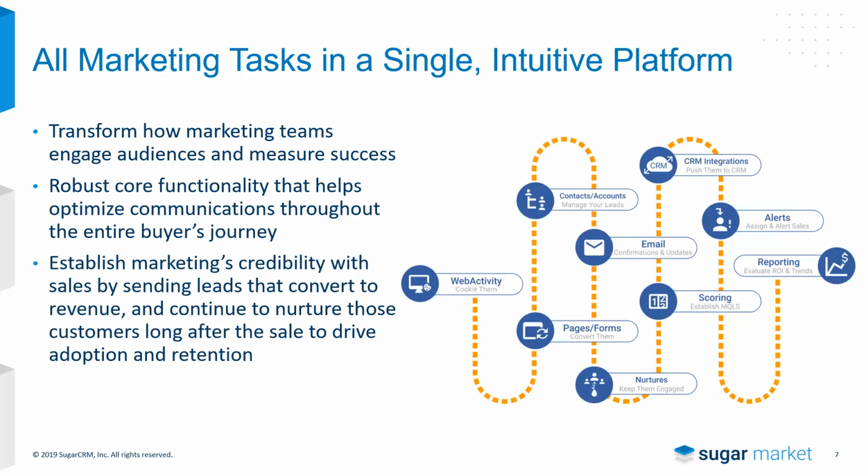So I like to call this our game of life slide, and what it represents is really the features and functionality that are in Sugar Market. Later in the presentation, we're going to dive into a few of these in a little bit more detail, but really the goal is to transform how you engage audiences and measure success. And the first point of that digital journey is someone coming to your website.